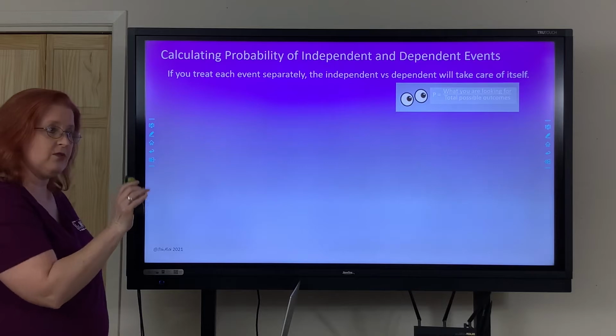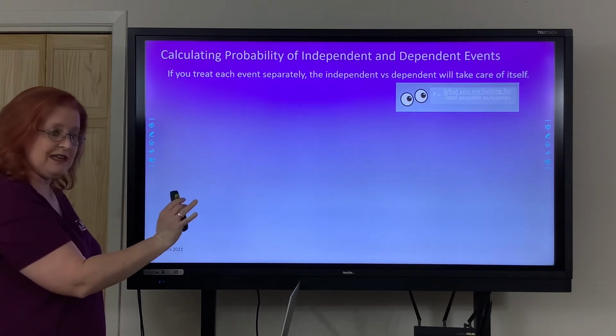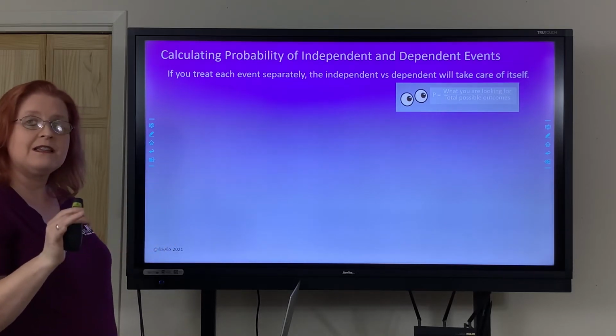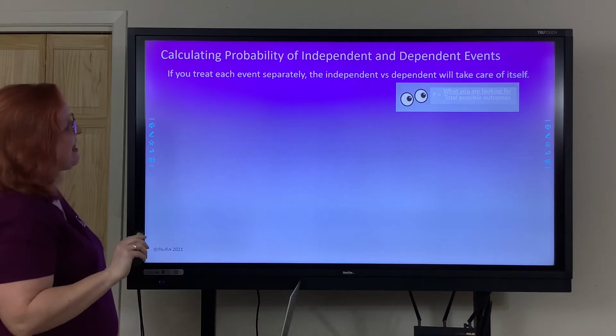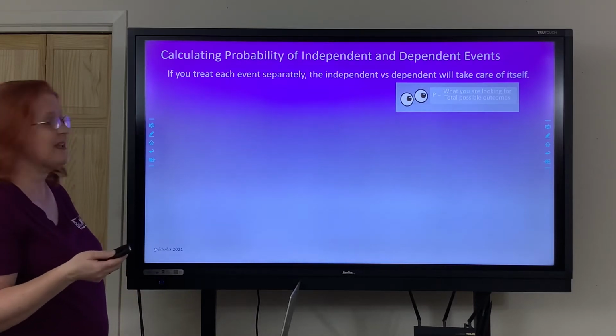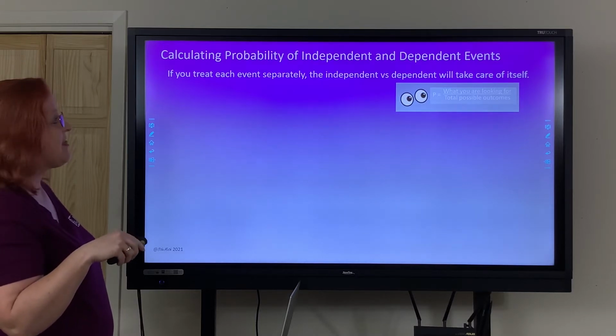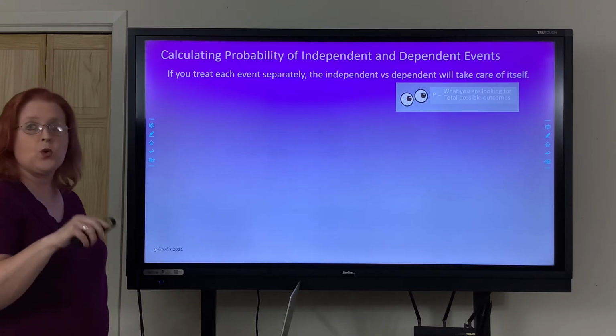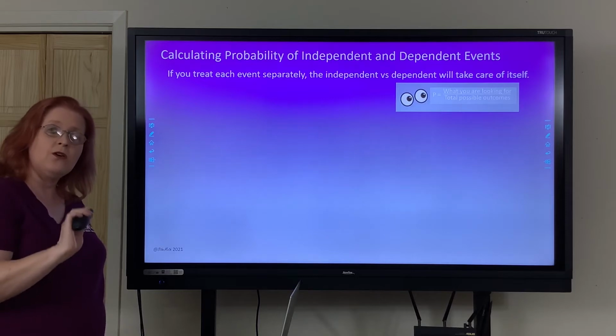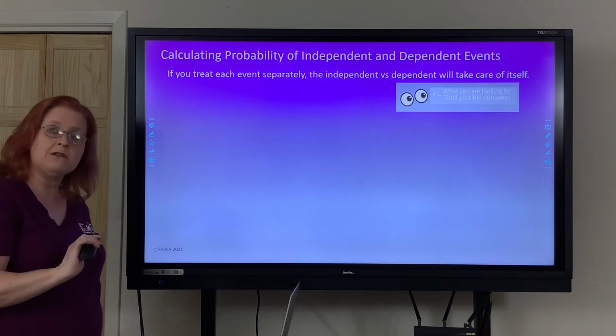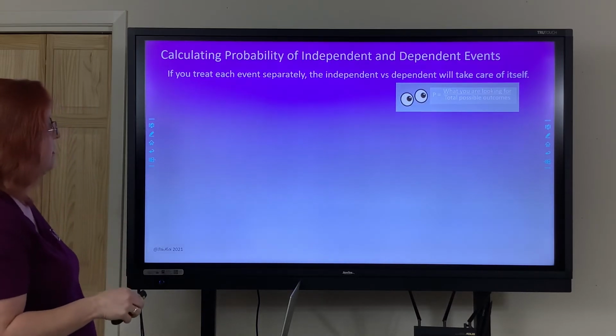Don't worry about the first event after you've completed it when you calculate the second event. And then when you're dealing with probabilities, you're always looking at what you are looking for and the total possible outcomes. Whether it's based theoretically or experimentally, it's still the same setup.